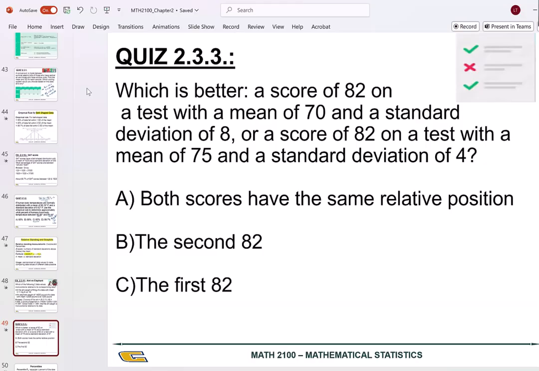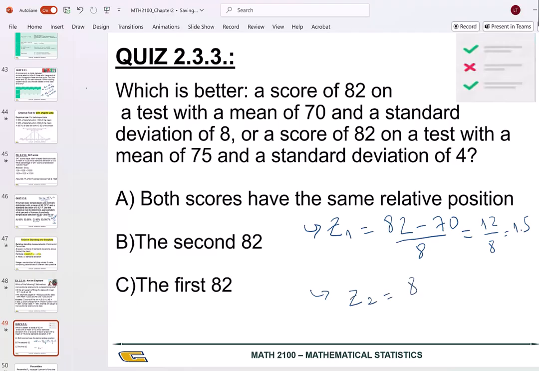The idea, again, is just to do the z-score. For the first test, we call it z1. It will be 82 subtract 70, divided by 8. So you have 12 divided by 8, which gives about 1.5. For the second test, you got 82, you subtract the mean, and divide by the standard deviation.